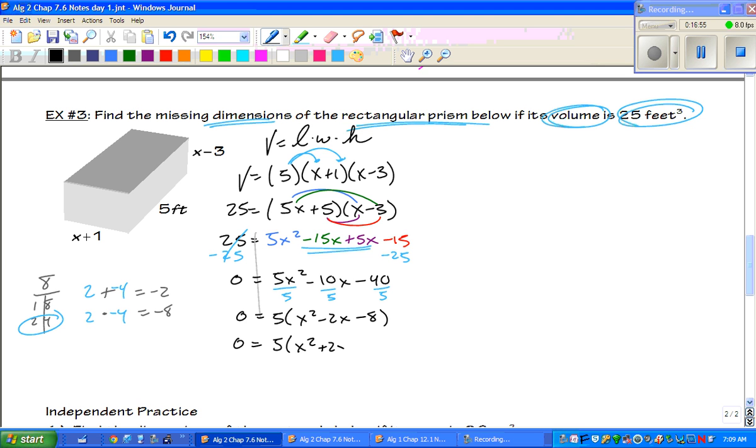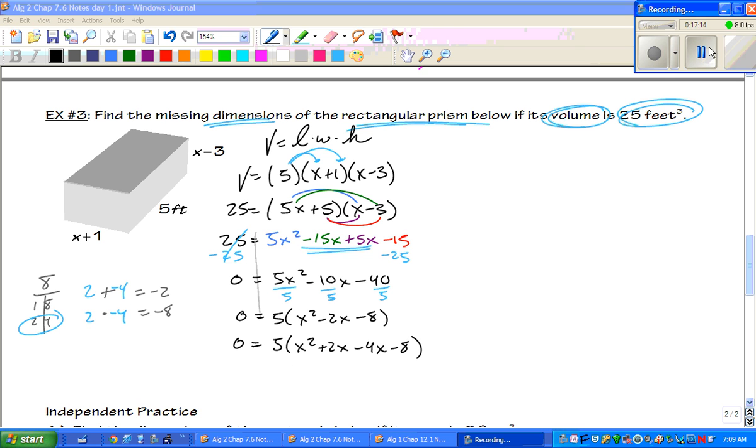So x squared plus 2x minus 4x minus 8. Now, I'm going to pause the video right here, and you guys need to factor that all by yourself. Good luck. Okay, after you factor that, you should get x minus 4 and x plus 2.